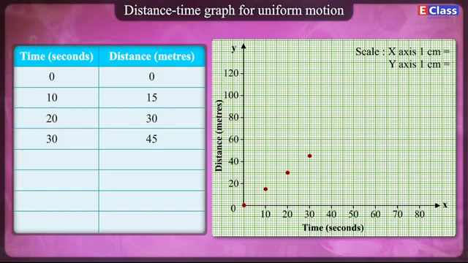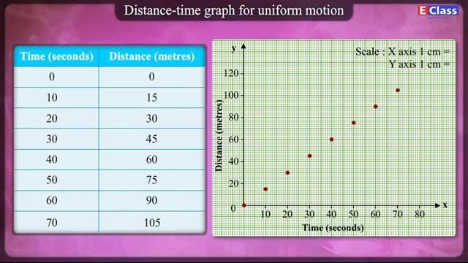Time in seconds, 40. Distance in meters, 60. Time in seconds, 50. Distance in meters, 75. Time in seconds, 60. Distance in meters, 90. Time in seconds, 70. Distance in meters, 105.